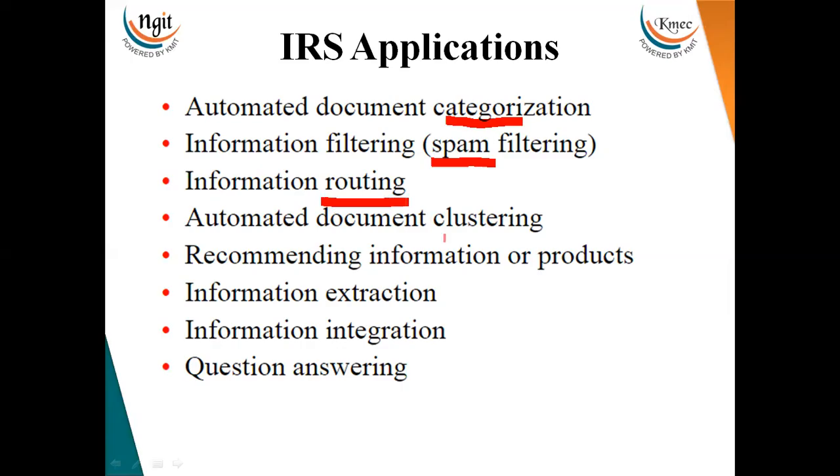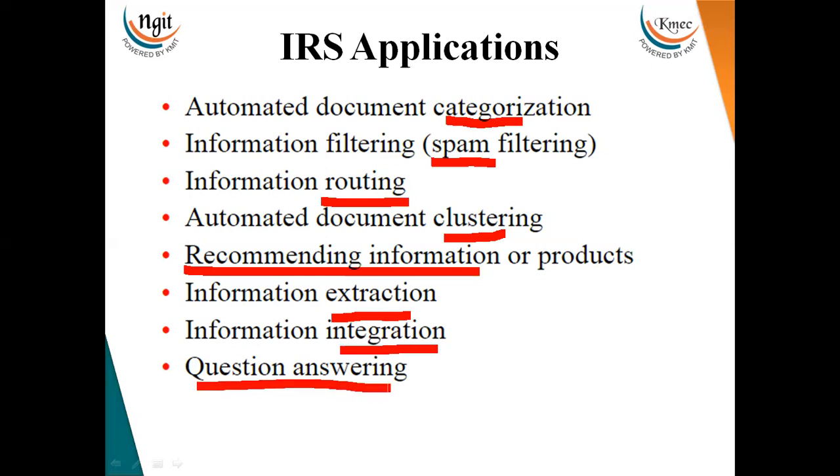Automated document clustering means putting together all the documents which are relevant to each other. Then recommender systems, meaning recommending information and products: when you are searching for a particular item, I will recommend even the related items. Then extracting the information, integrating the information, and a very simple one, answering questions. So these are all the applications of the IRS.